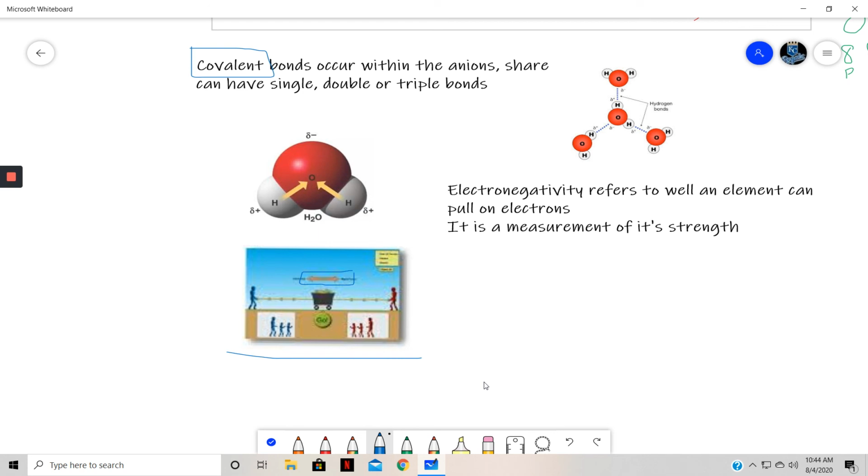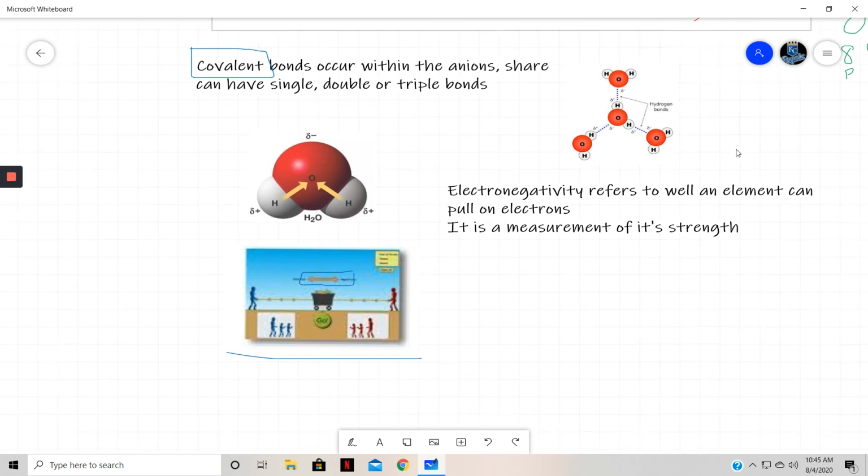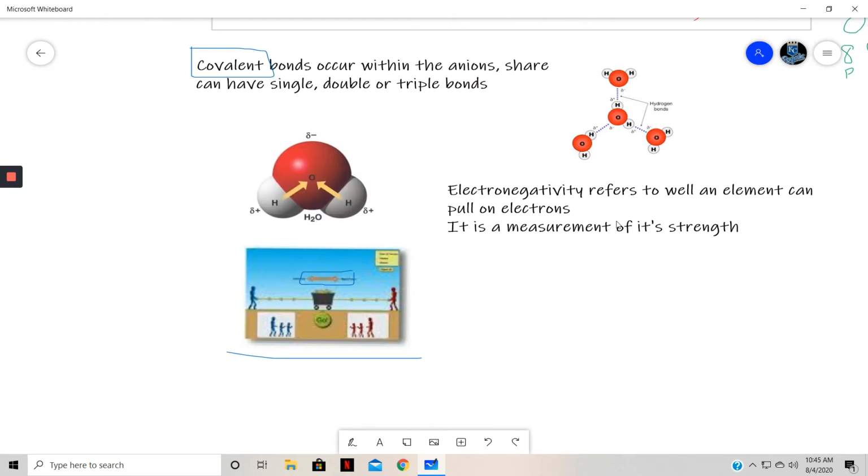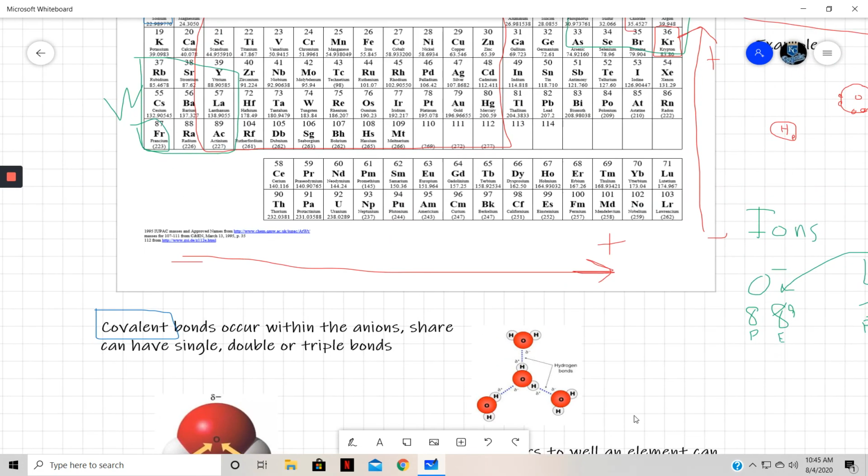But covalent bonds, when they do bond, to help with the octet rule, they use single, double, or triple bonds to fulfill that octet rule. So what I mean by that is, let me close out my ink tray here and move back up to this periodic table. That worked.